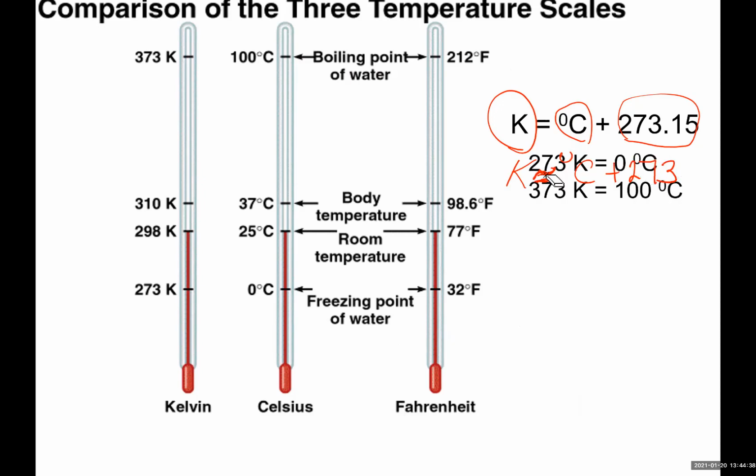So can I say 0 degree of Celsius, 273 degree of Kelvin, they are identical together because they are both freezing point of water. Could I also say 373, which is the boiling point of water in Kelvin, is the same?